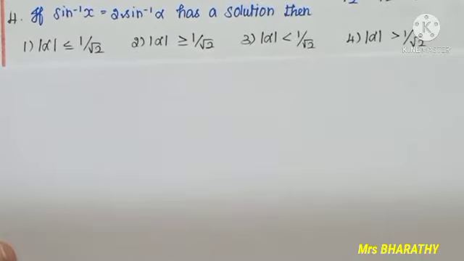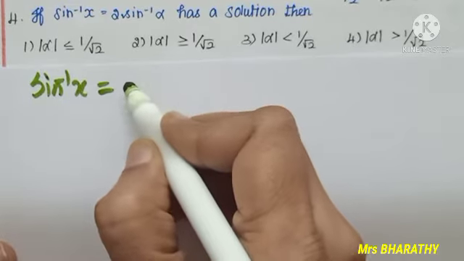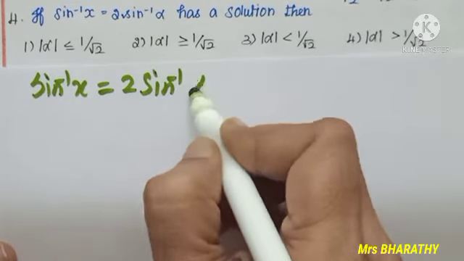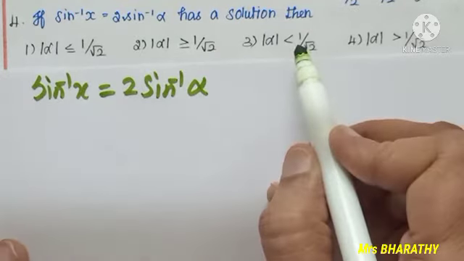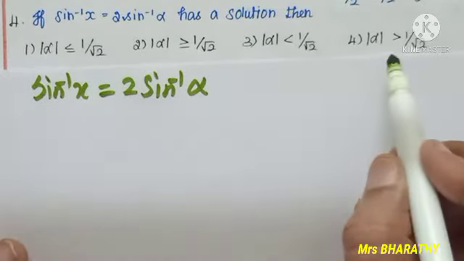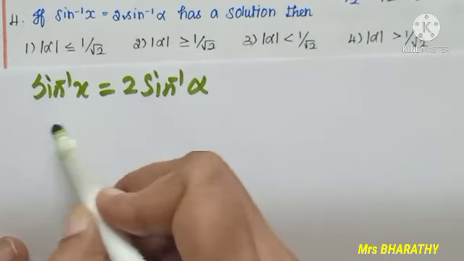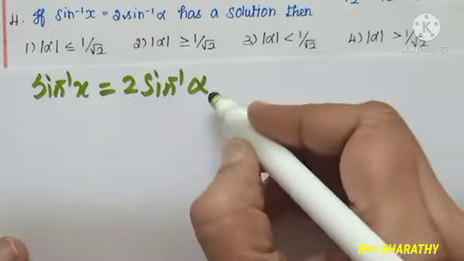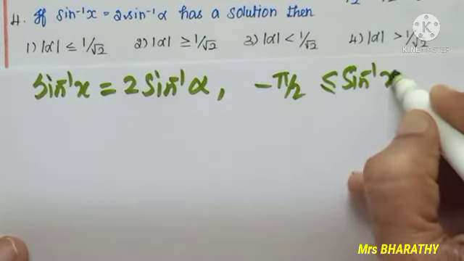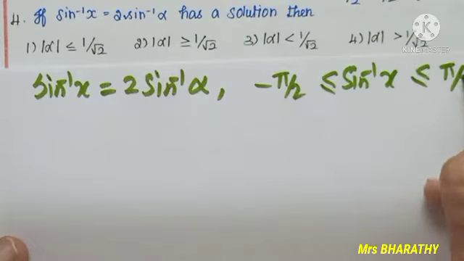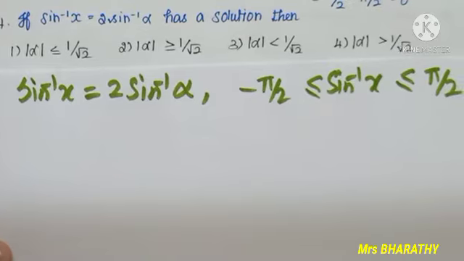Question number 4. If sine inverse x equals 2 sine inverse alpha, it has a solution. We need to find the value of alpha. We know sine inverse of x lies between minus pi by 2 to plus pi by 2.